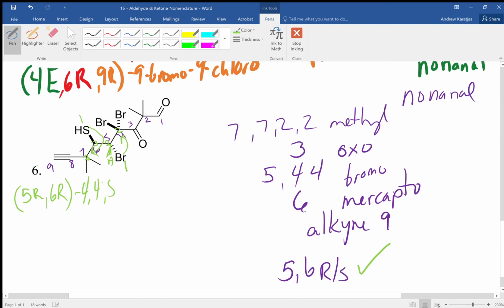Now we need the 3 bromines, so 4,4,5-tribromo. Next alphabetically would be the thiol, or 6-mercapto.